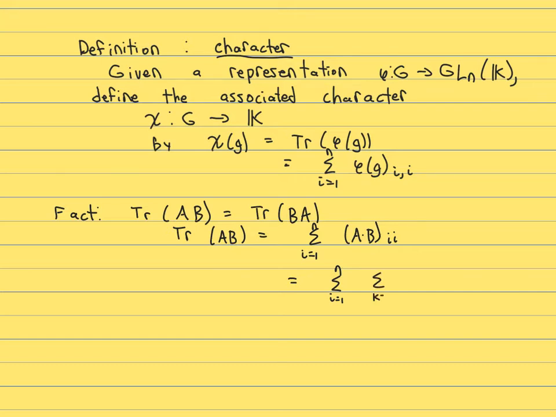Well, by definition, that's the summation k goes from 1 to n, a_ik b_ki. You can check that the trace of B times A is going to be almost the same thing if I swap the roles of i and k. You would end up seeing that you get this formula. And so the only difference is commutativity and changing the order of summations. So these two really are the same.